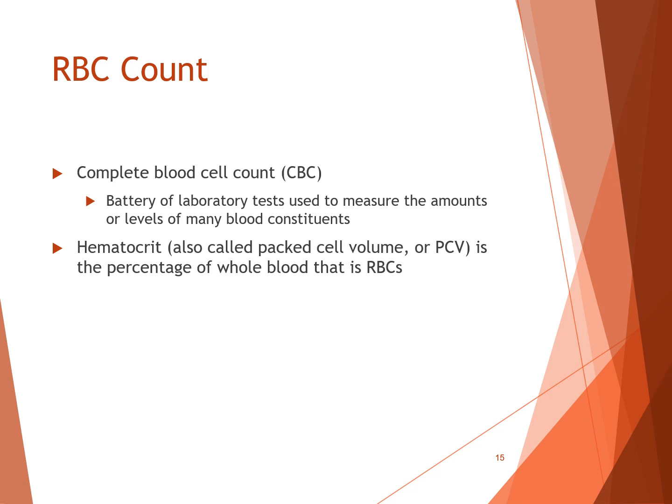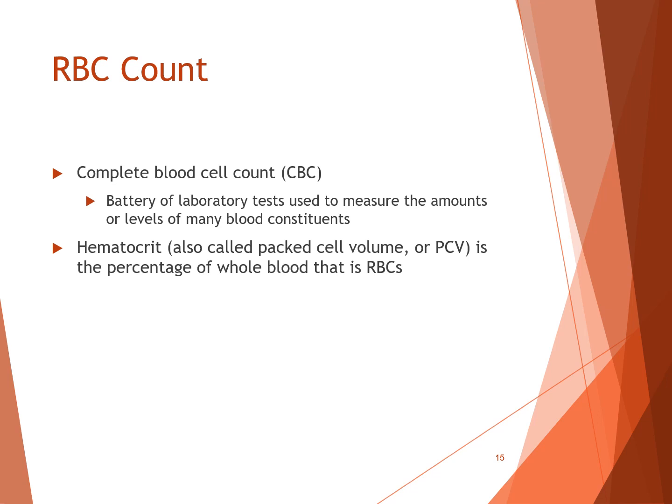Thrown in there is also the hematocrit. And the hematocrit, also called the packed cell volume, or PCV, provides information about the volume of red blood cells in a sample. Now, a long time ago, they used to use something called a hemocytometer to get an idea of how many red blood cells there were.